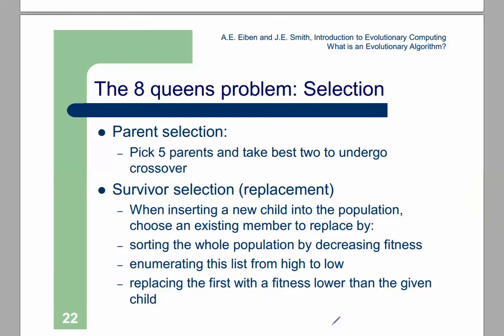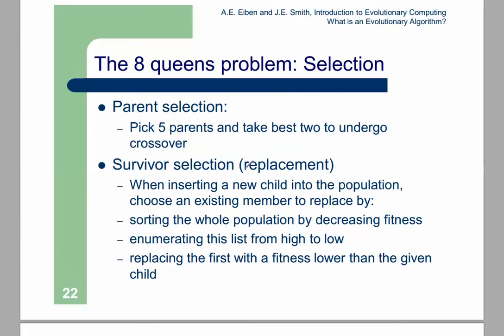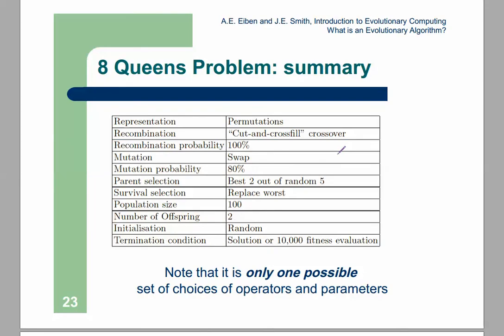For example, we can select only children for the next generation, or by some method, it is a survival selection or replace the generation by the new generation for the next loop.